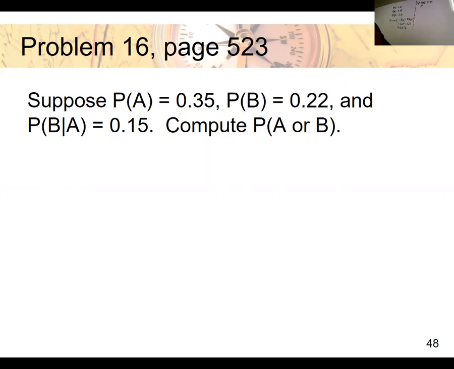The probability of B was 0.22. And the probability of B, given that A has already occurred, is 0.15. And here I want the probability of A and B.